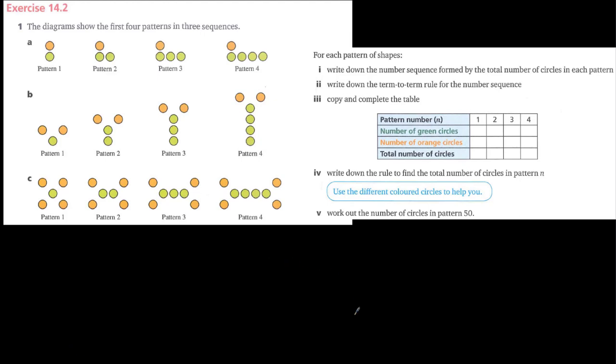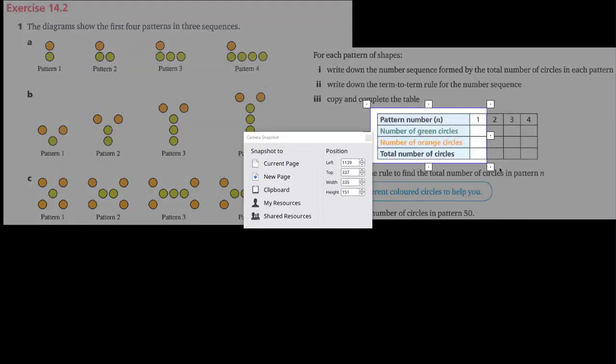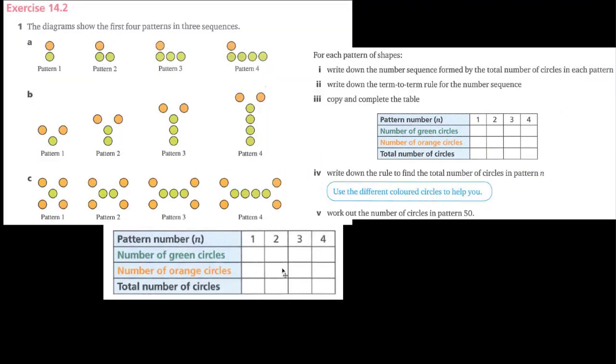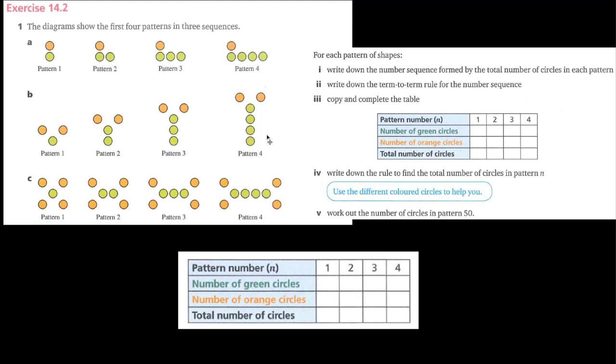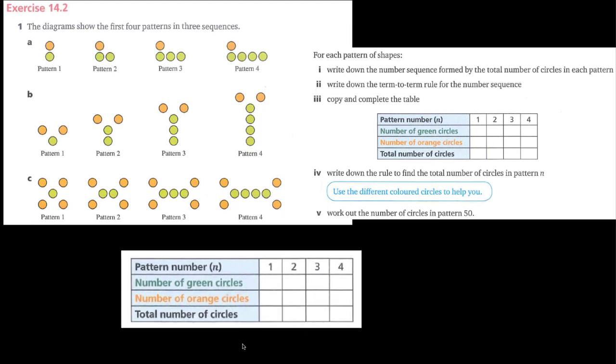Okay, here we have the same exercise. Let's try to understand with respect to that one. Let me copy this one for the first question. Here it is in our table. We are going to use this table, and I'm going to answer all these questions with respect to this sequence.